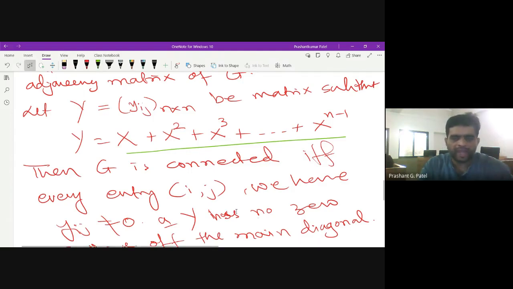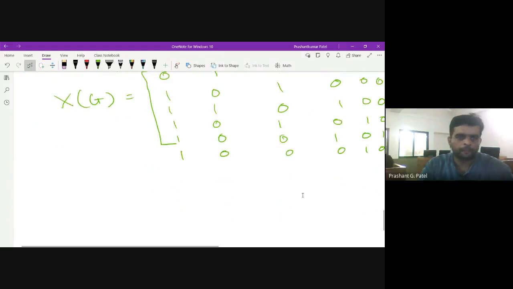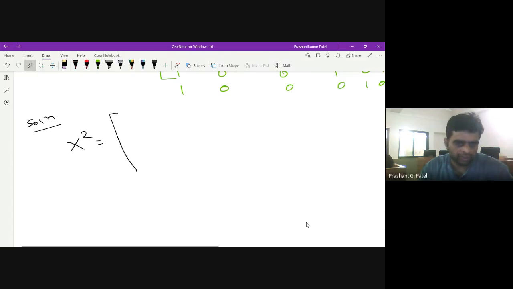So if this is my X, what is X square? You know how to do matrix multiplication. Maybe you have learned it in your linear algebra course in the previous semester. Should I write directly what X square will be? Everyone knows how to calculate X square.